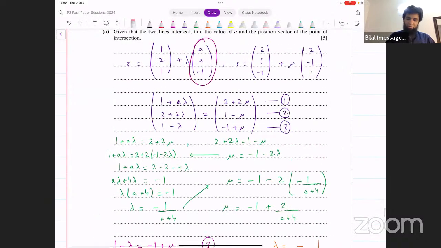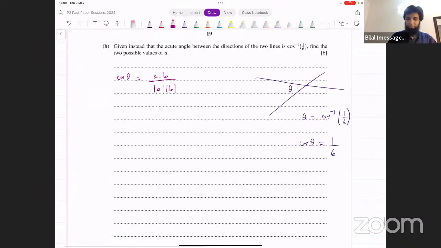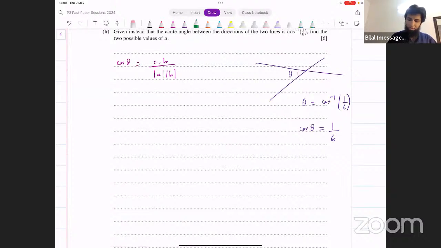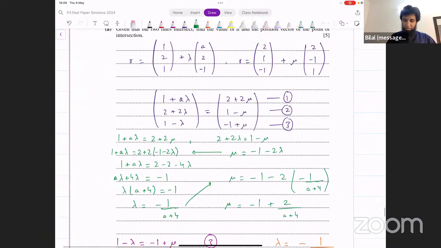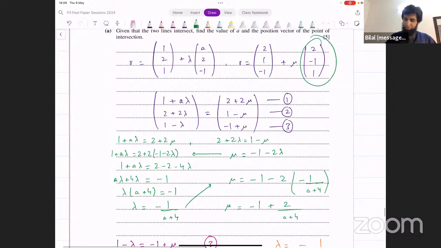A, 2, minus 1. Okay. Let's call the first vector A, 2, minus 1. That's the vector A basically. And then the second direction vector is 2, minus 1 and 1.